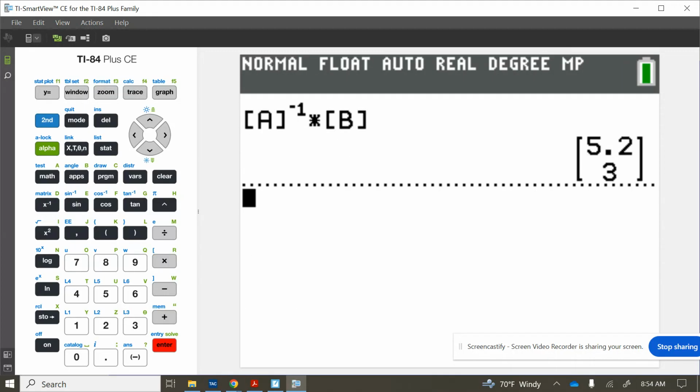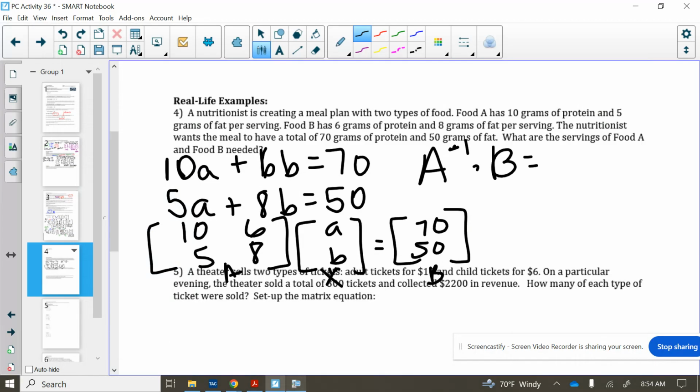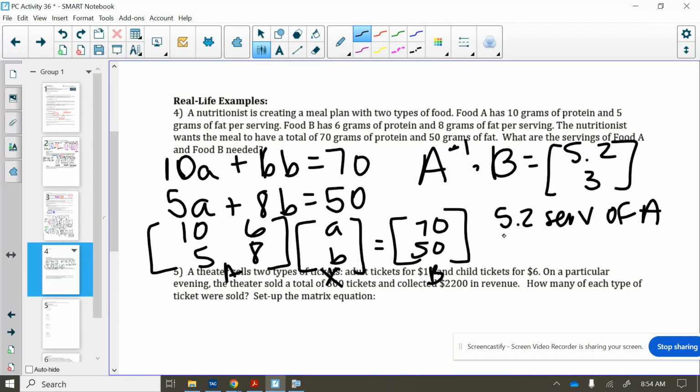We didn't even have to find it by hand if we don't want to. We can use our calculator to check that final answer. So we have A inverse times B. We see that our solution is 5.2 comma 3, which means we want 5.2 servings of food A, and we want 3 servings of food B.